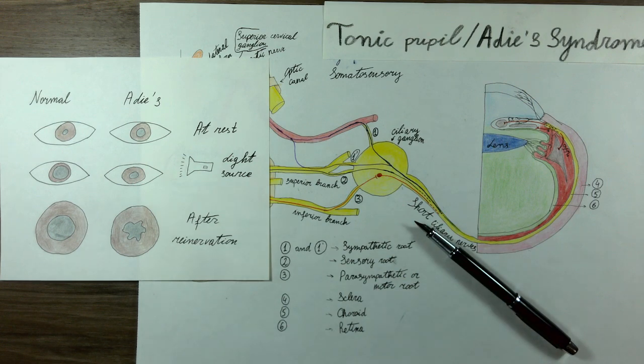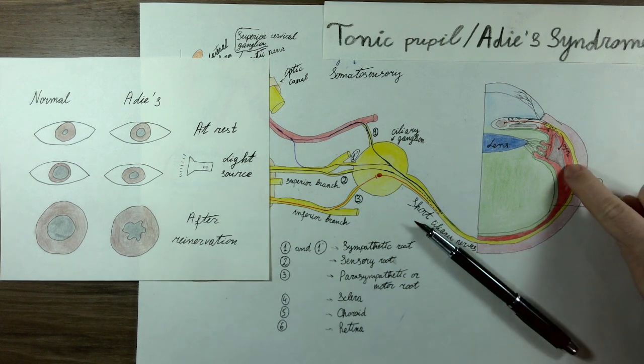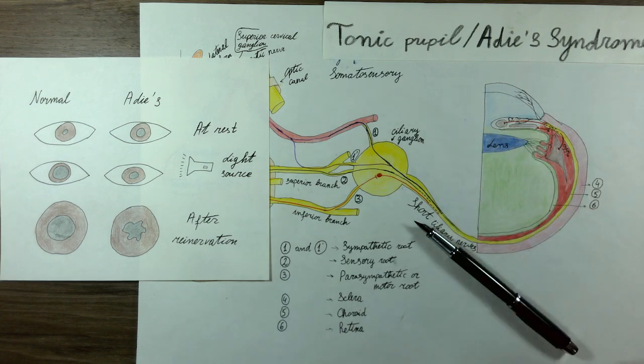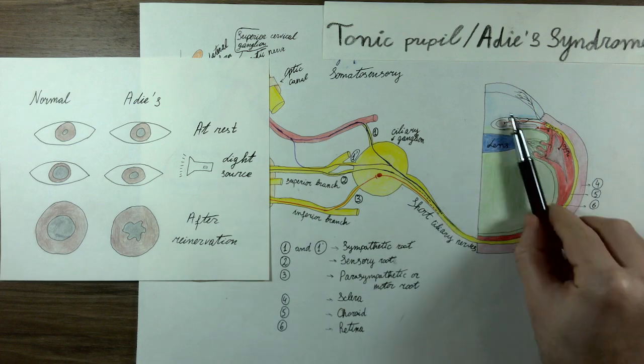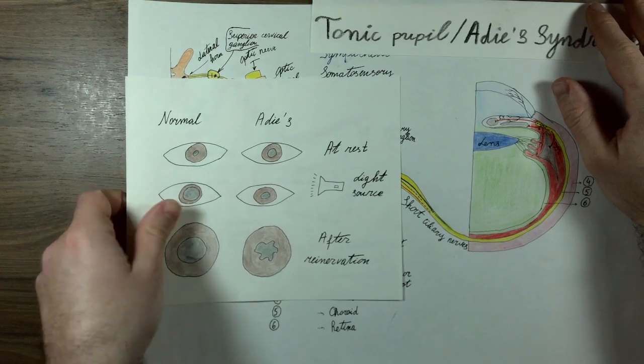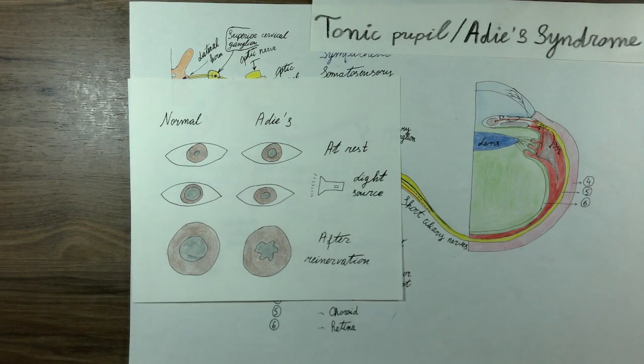And something else which is actually interesting, the size of the pupil would change along with accommodation because they're innervated by the same neurons. So in general, that's the neuroanatomy of the region.